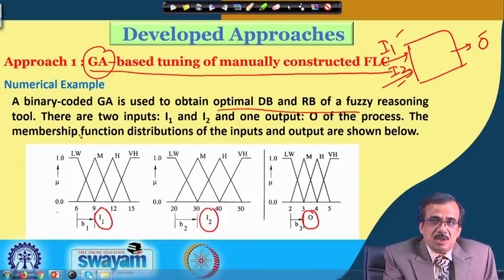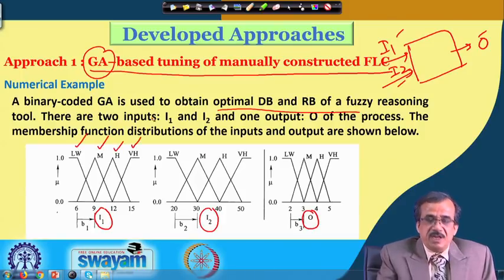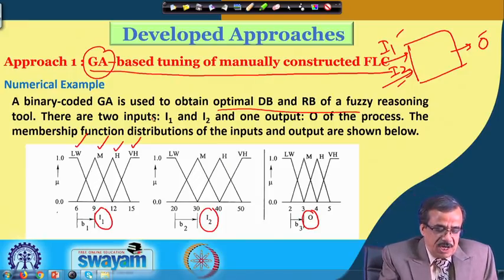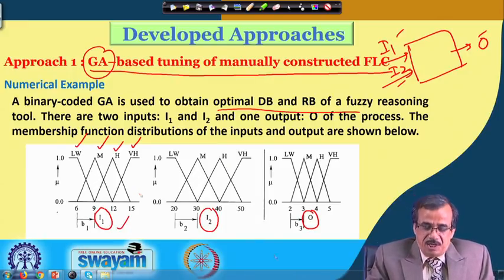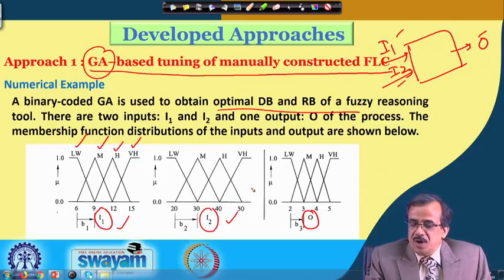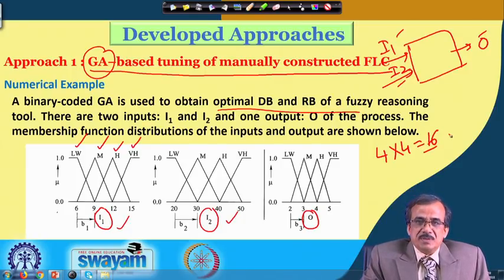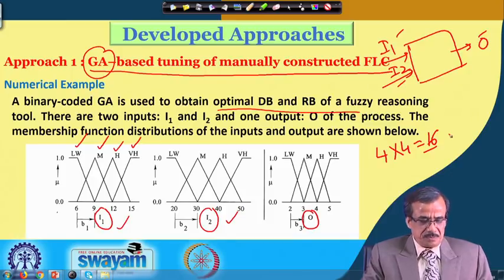For example, the linguistic terms are low, medium, high and very high. There are 4 linguistic terms for I1 and 4 linguistic terms for I2, so I will have 4 multiplied by 4, that is 16 possible combinations for the inputs, and we are going to consider 16 rules, and each rule is nothing but the relationship between the inputs and the output.